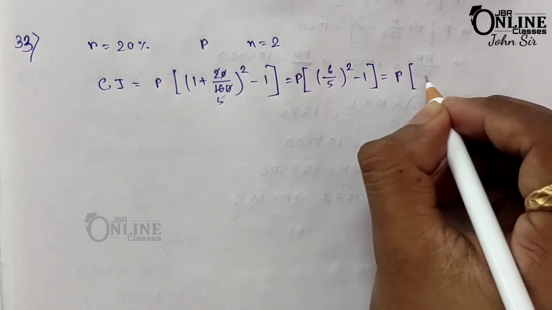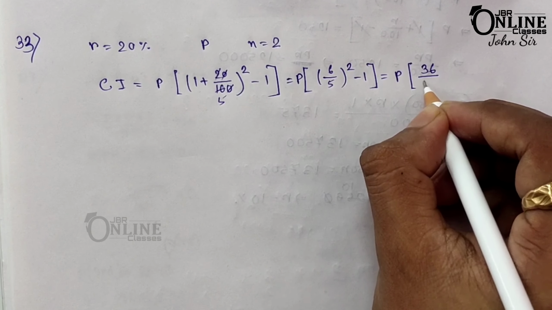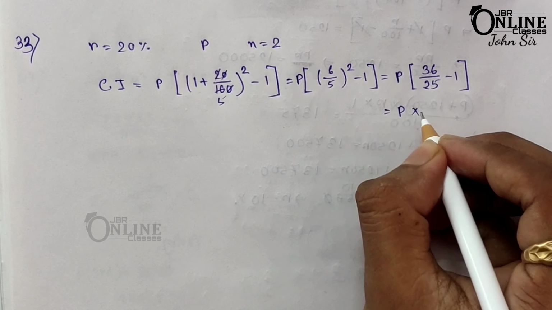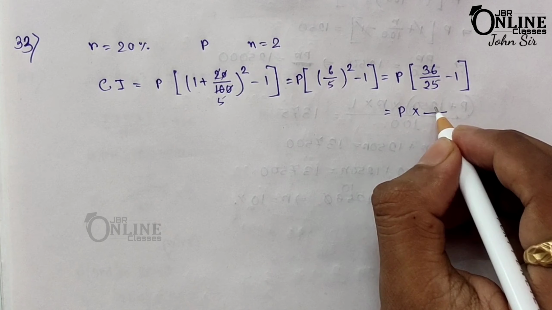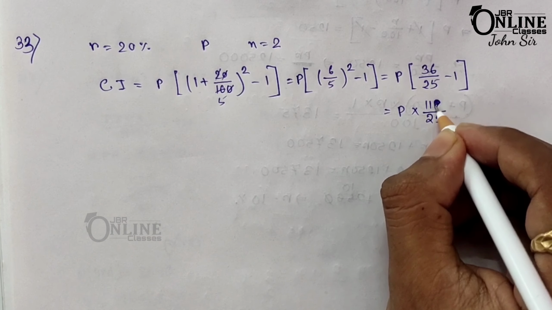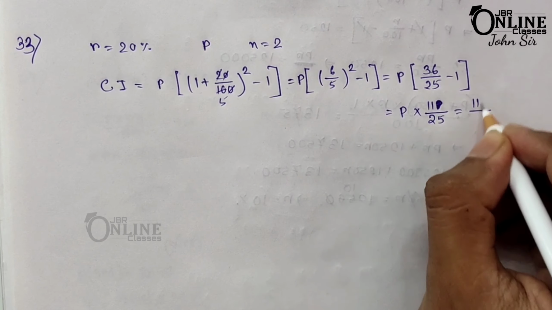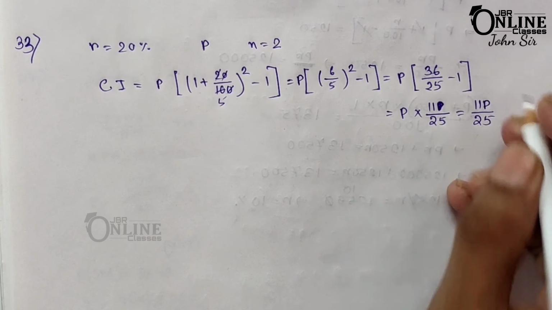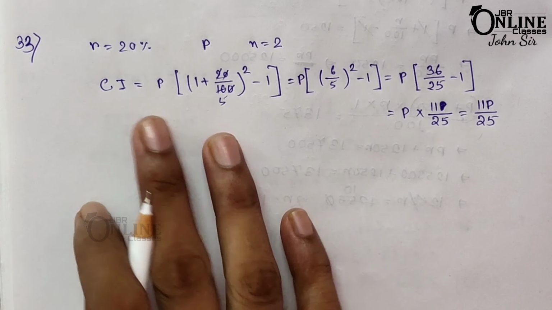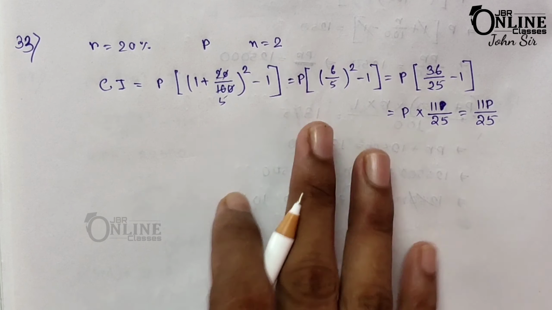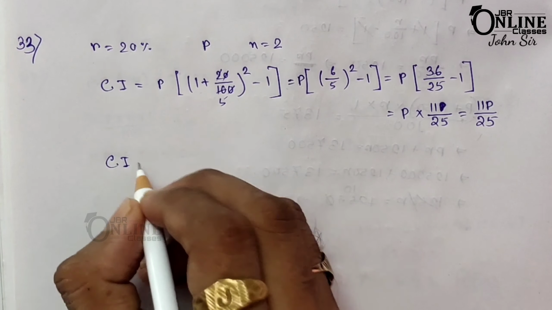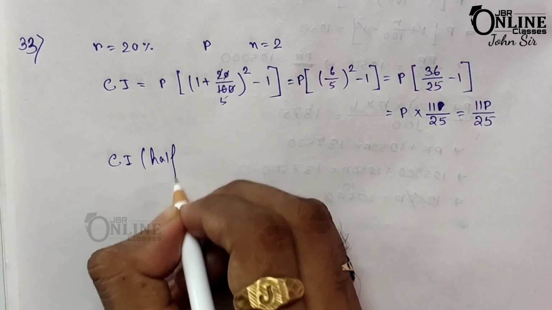That means P into 36 by 25 minus 1, so that equals P into 11 by 25. So the final answer is 11P by 25. So 11P by 25 is the compound interest for compounded annually. Now next thing, you have to again find out the compound interest for compounded half yearly.